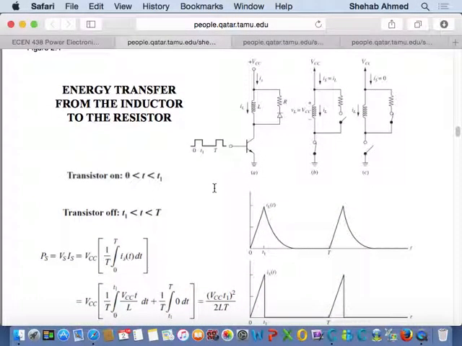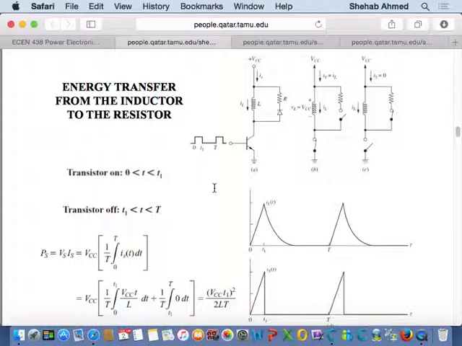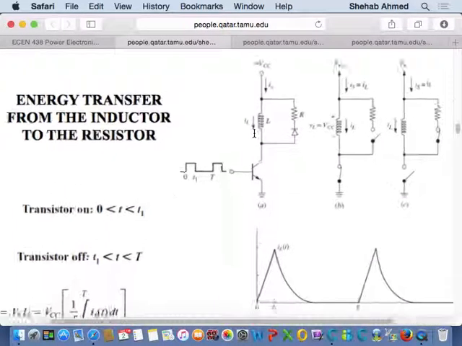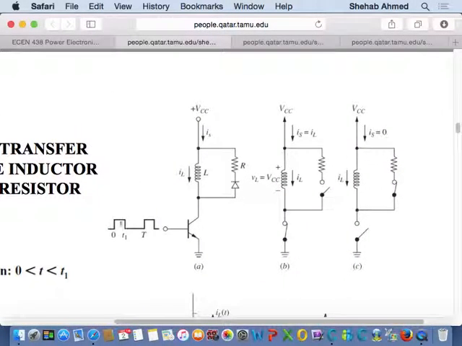Okay, so again, the rest of the slides are just simple exercises on waveforms and voltages and currents and calculations of power. The whole chapter is about how to calculate power, right? So this is an example of a simple circuit. Here I'm applying this pulse train to the base of this device.